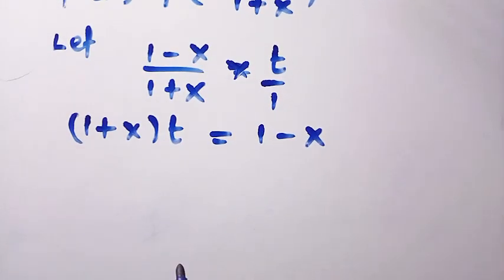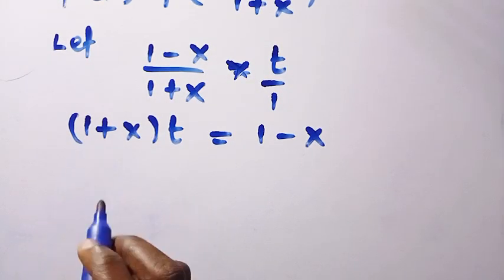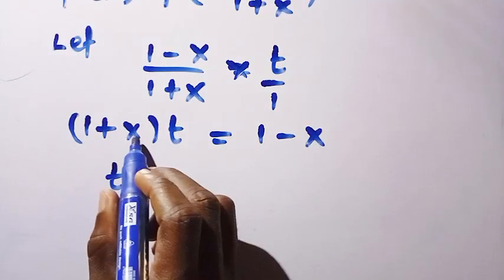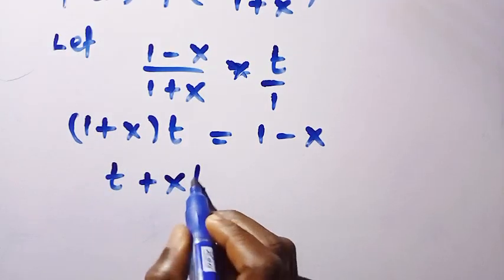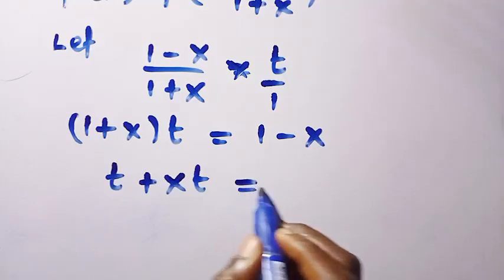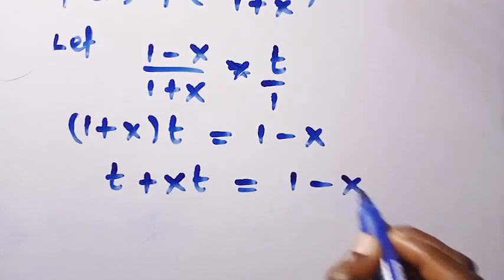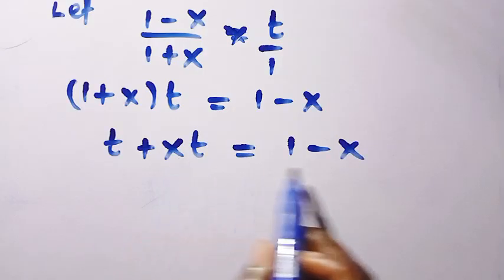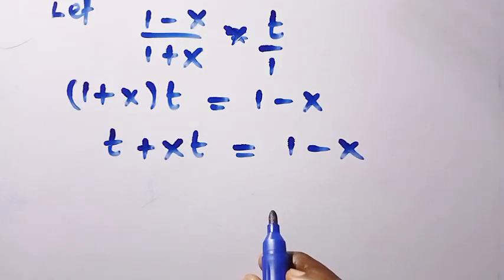So let's expand this out. 1 multiplied by t is t, plus x multiplied by t is xt, equals 1 minus x. Then let's add x to both sides.